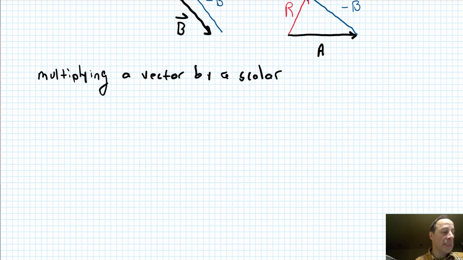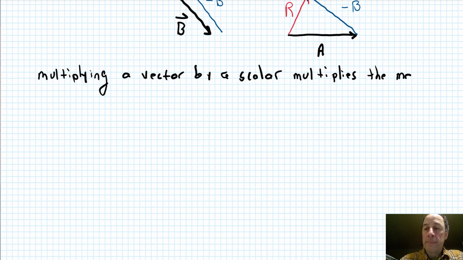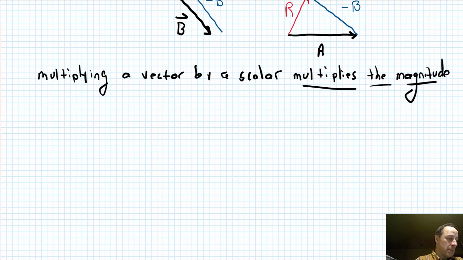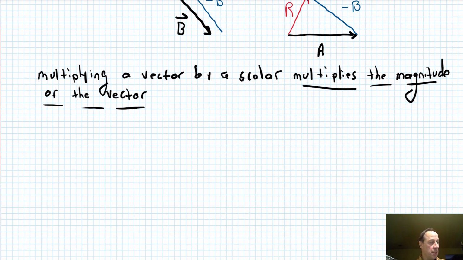Multiplying a vector by a scalar multiplies the magnitude of the vector. It doesn't multiply the direction.